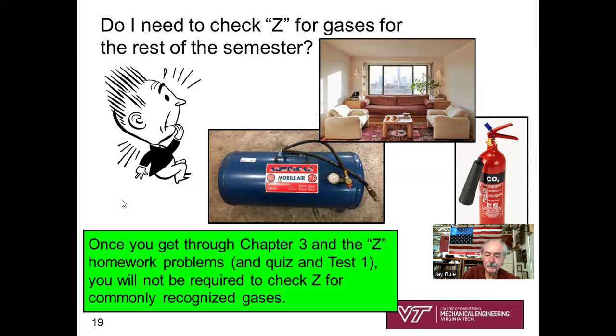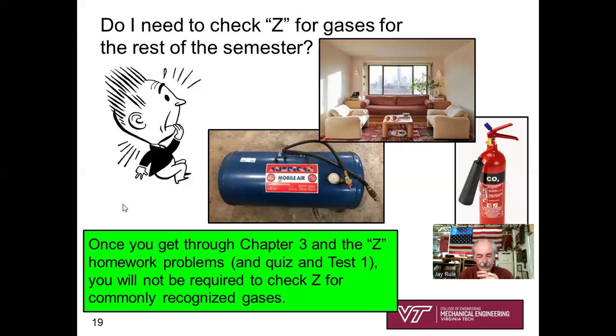The only thing you remember is, in engineering practice, if you have cryogenic situations, extremely cold gases, or extraordinarily high pressures of gases, that's when you need to check Z. But you are not going to be required to do this Z checking for the rest of the semester for gases that you read in your homework problems.